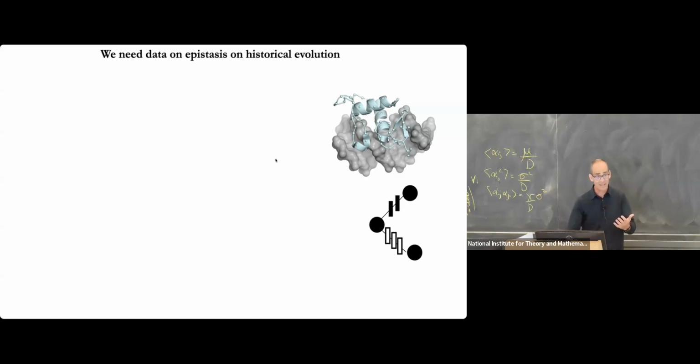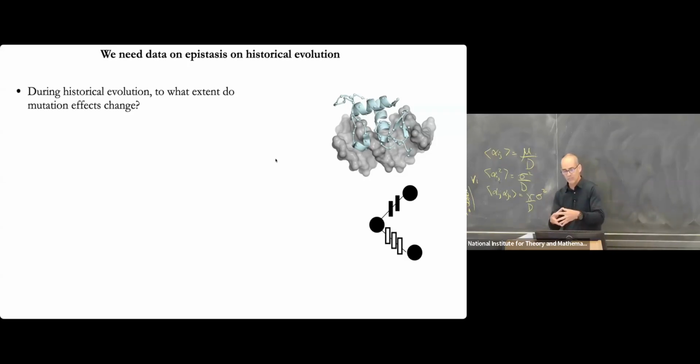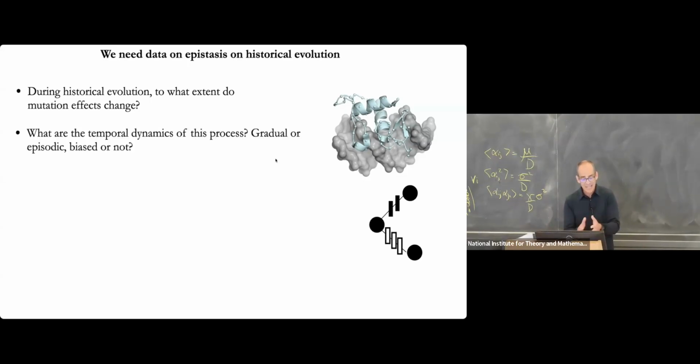So we need some data on the nature and impacts of epistasis during the process of historical evolution. Here are the questions that we would like to know. During the course of historical evolution, to what extent do the effects of mutations change? What are the temporal dynamics of this process? Is it gradual or episodic? Is it directional?